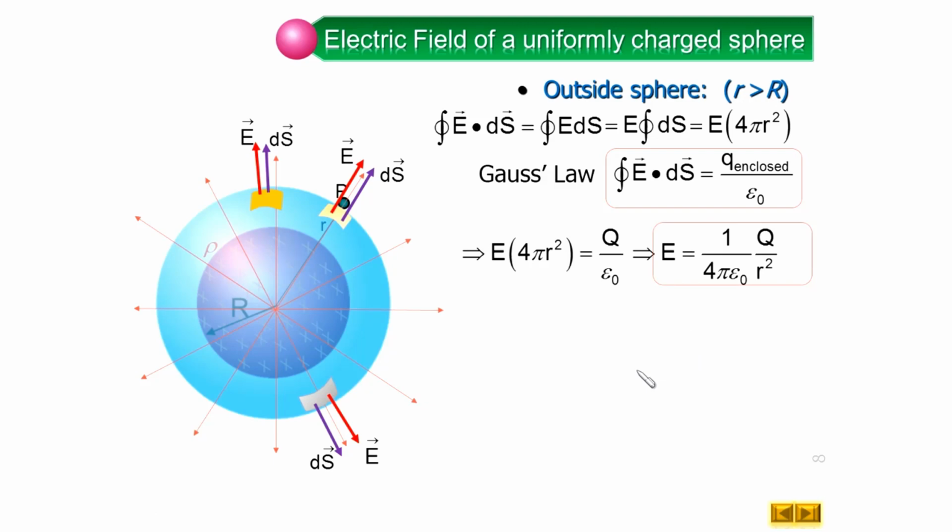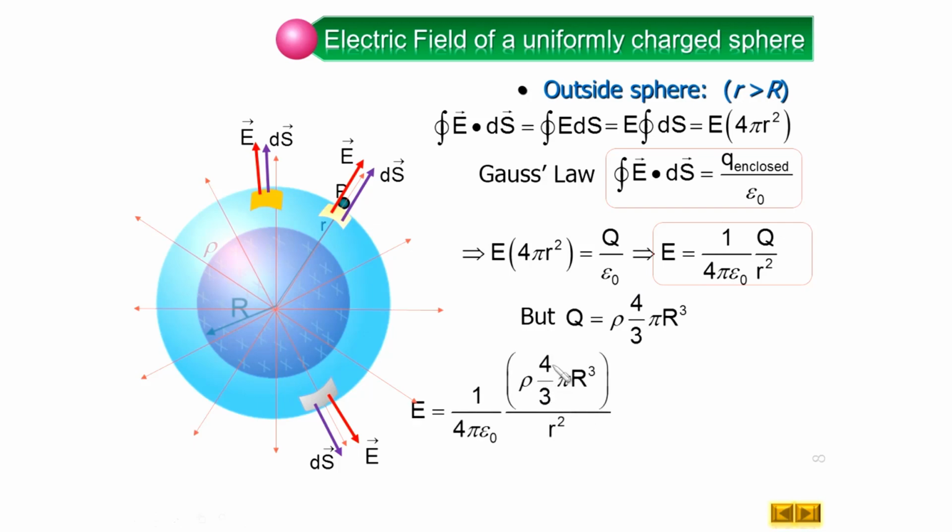Now, let us make the relationship between Q and charge density. Because charge is distributed uniformly over the sphere, we can write Q equal to rho multiplied by 4 by 3 pi R cube. Now we can substitute this value of Q in this equation. So this equation will become E equal to 1 upon 4 pi epsilon naught rho multiplied by 4 by 3 pi R cube divided by r square.